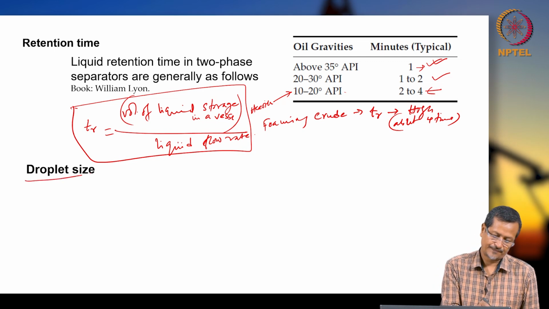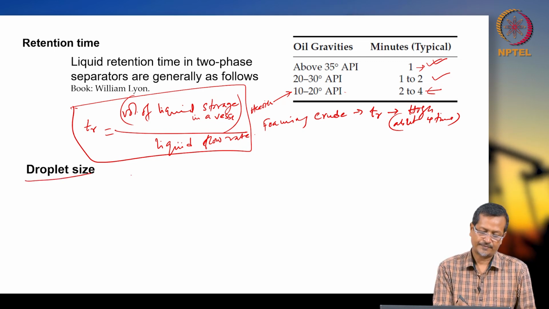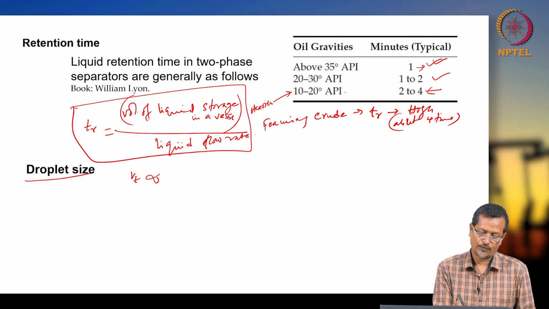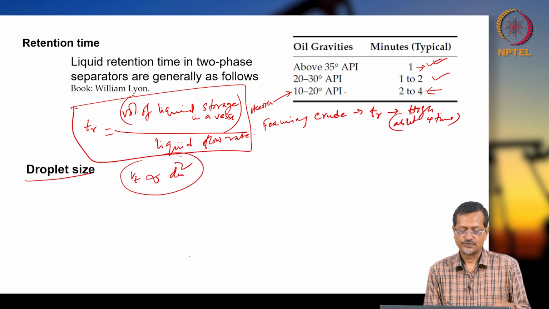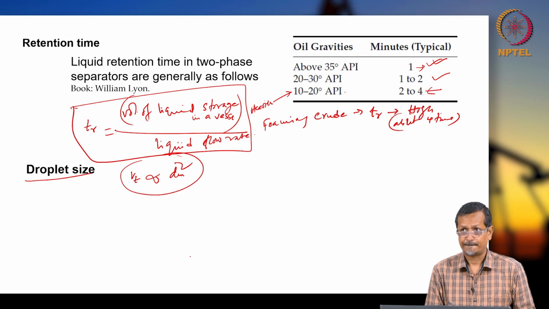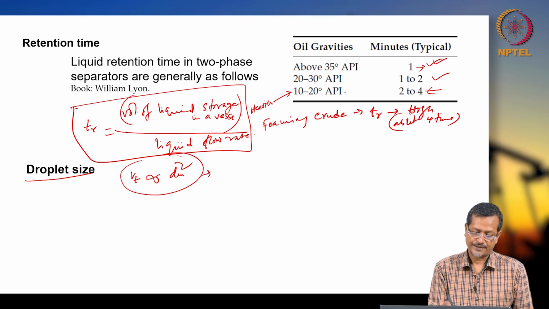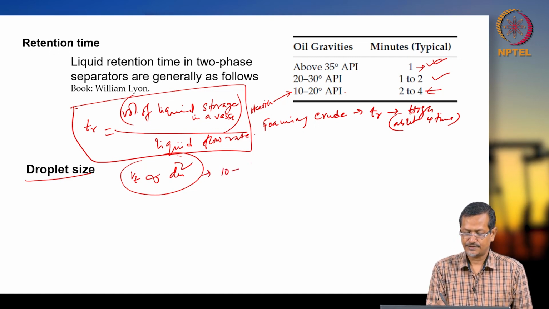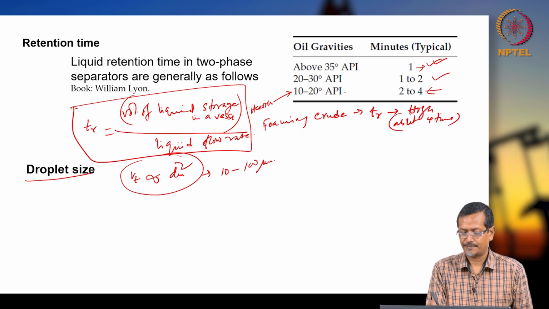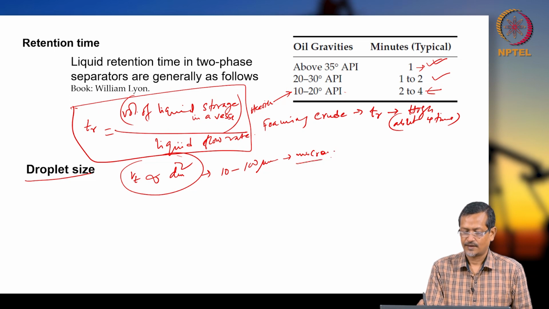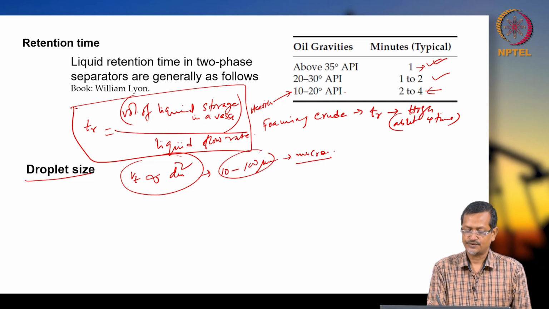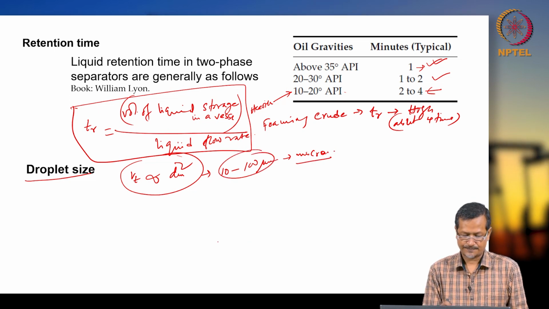Droplet size is also very important, because you can remember the VT formula, where dm is your droplet size. A larger droplet will separate quickly. In our case we normally use 10 to 100 micrometer or micron; we will consider 100 micron for our calculations.